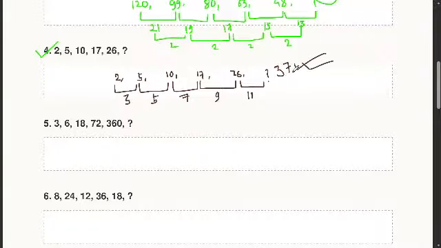This 37 is the correct answer. Okay, you can write it here. You don't have to write this in the examination hall, but I am writing it so that the beginner can understand easily.